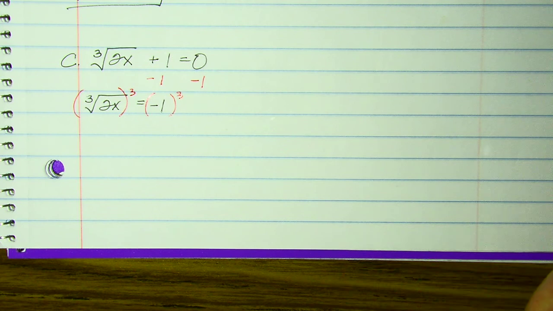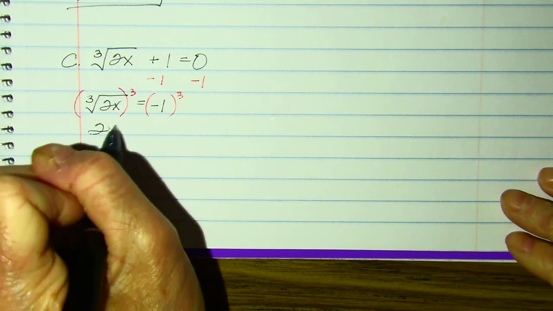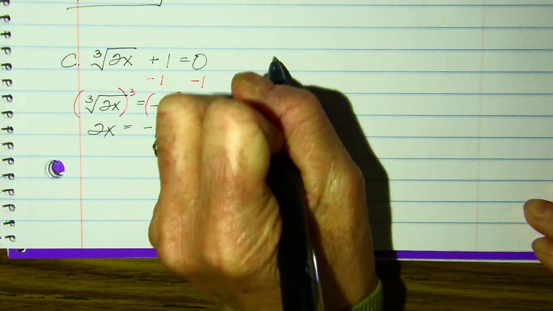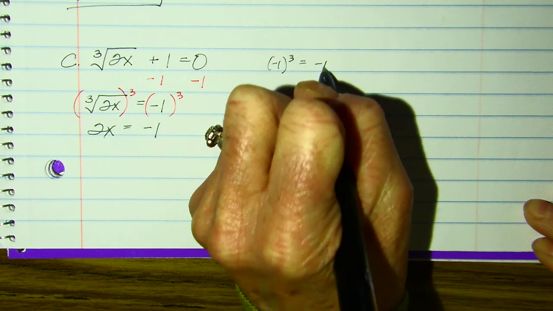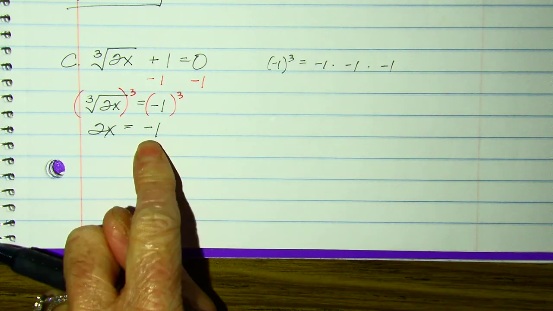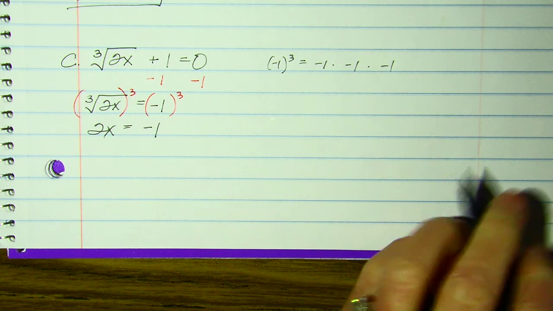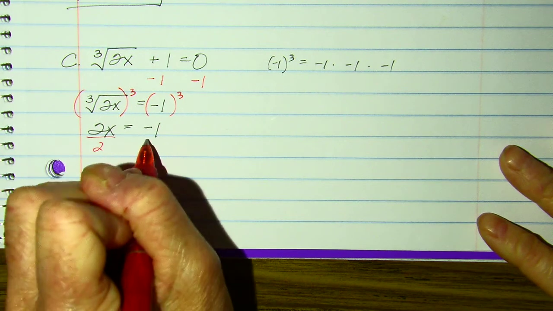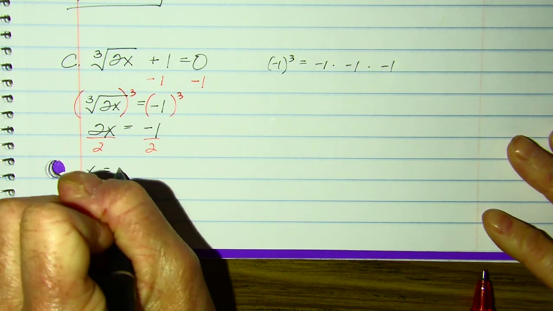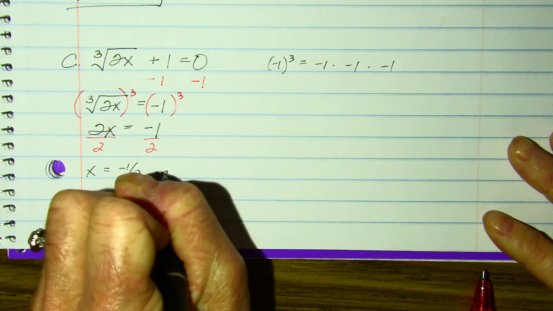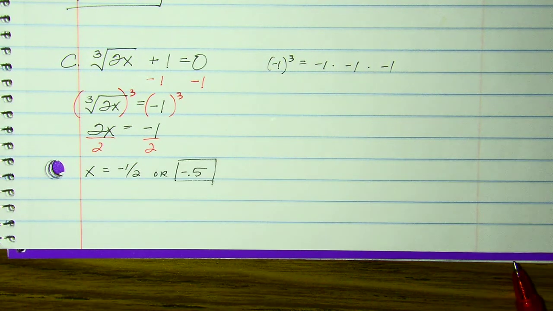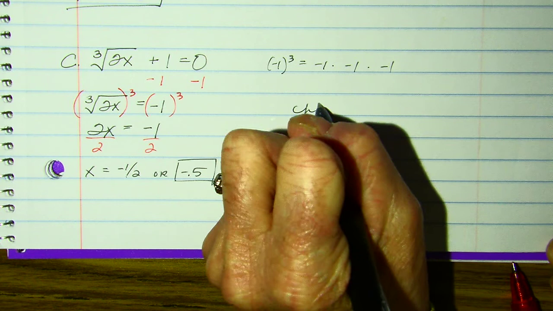So I get 2x equals negative 1, because negative 1 cubed is negative 1 times negative 1 times negative 1, which is negative 1. Now we'll divide by 2, and x equals negative 1/2, or you could put negative 0.5. Up to you. I'm going to go ahead and check my solution.